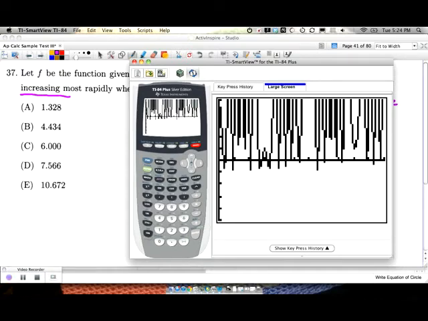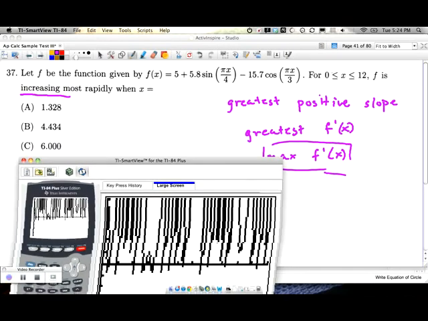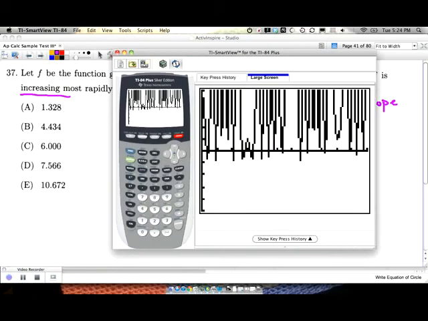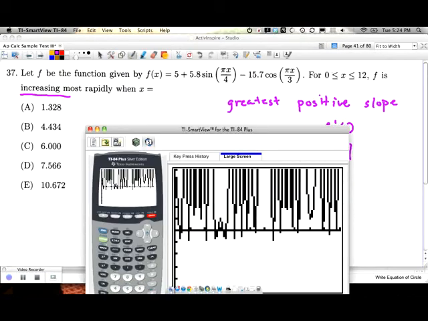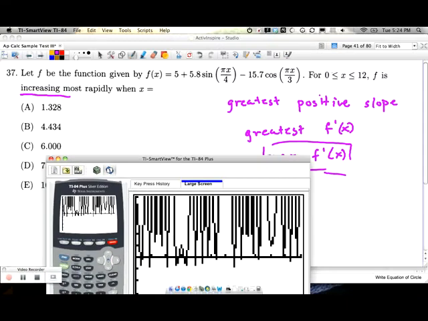I could go into the derivatives and try to figure out when we're going to optimize that, but there's another way that I can calculate this. I can calculate each of these slopes on my calculator and just figure out when it is the greatest slope. When is F increasing most rapidly?